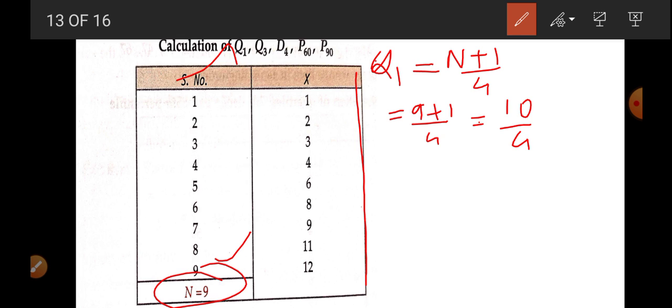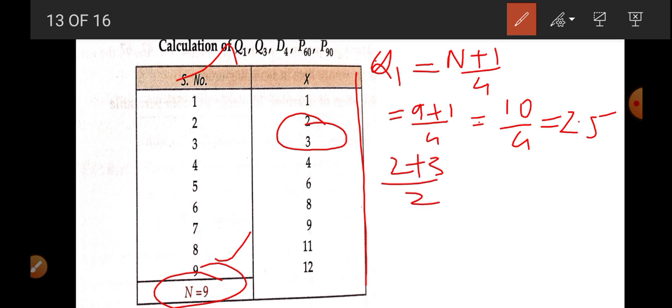We get 2.5. So 2.5 means we are going to add these two values and divide by 2. We have to get the average of these two. So 2 plus 3 upon 2, that is 5 upon 2.